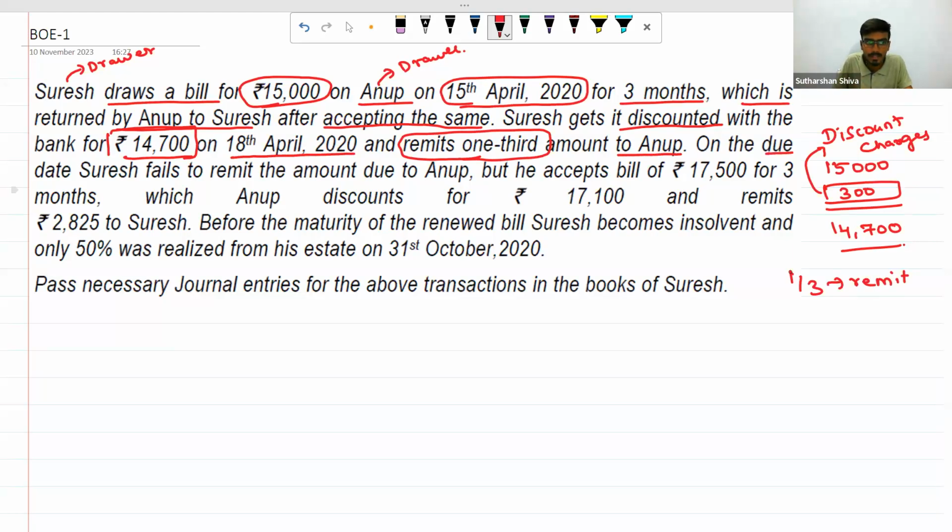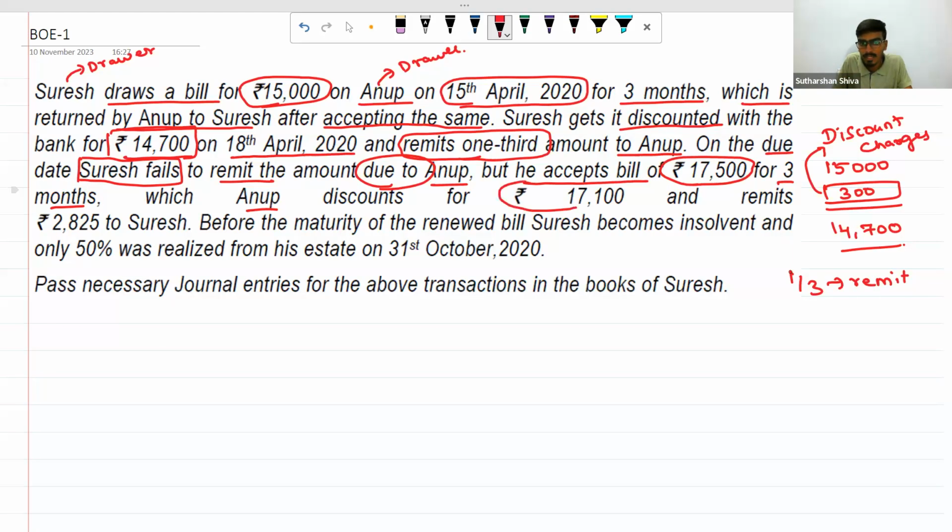On the due date, Suresh fails to remit the amount due to Anup. But instead of that, what is he doing? He accepts a bill of 17,500, making a fresh bill for a period of 3 months with Anup.